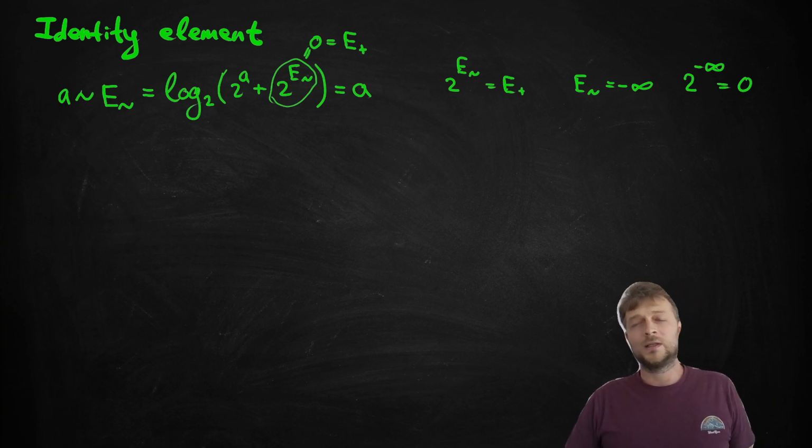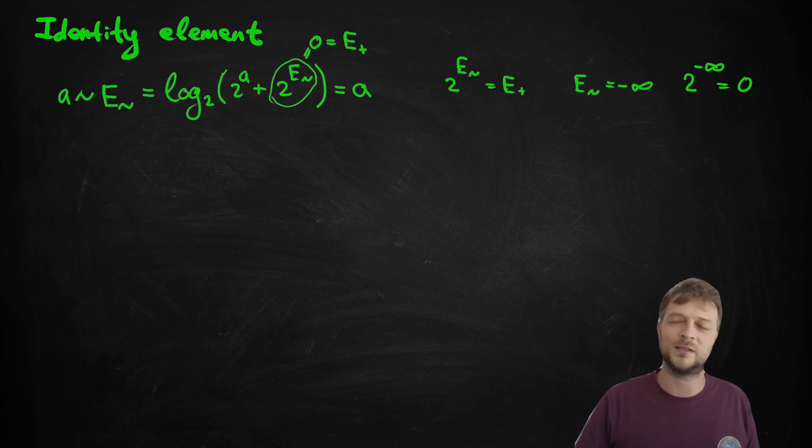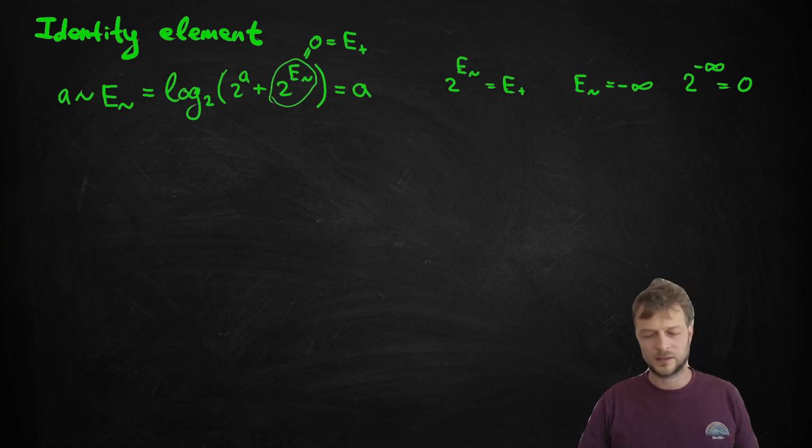So what is minus infinity here? We took it from our classical considerations in mathematics. It has some notion of minus infinity and defines specific rules for how minus infinity behaves. And one of those rules is that if we raise 2 to this minus infinity, we get 0.